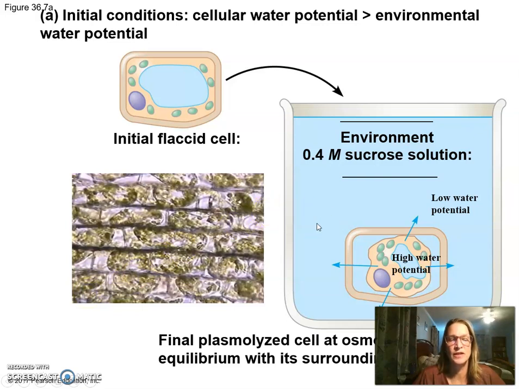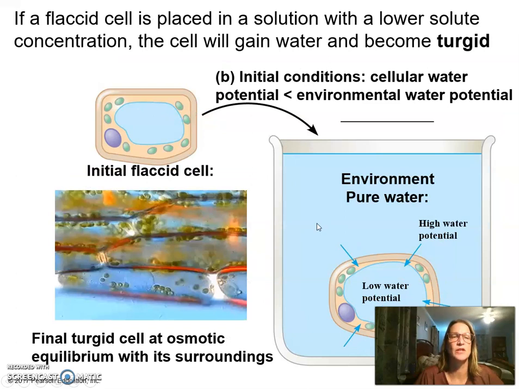Okay, so now let's look at the second scenario that we talked about. In this case, you still have this cell that doesn't have a lot of water in its central vacuole. And you're going to place it into a solution that has a lower solute concentration than the cell, which means that this cell will have a lower water potential than the environment that it's placed in.